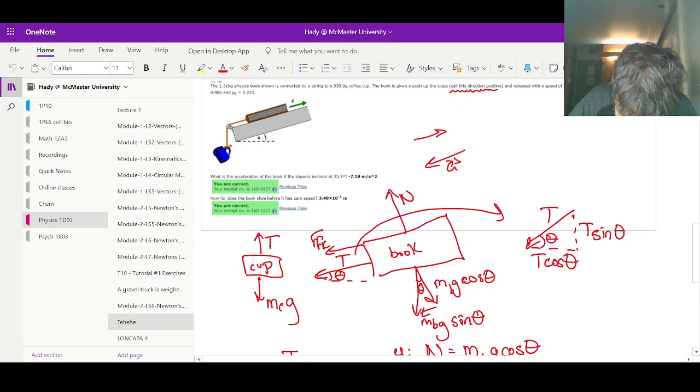We have F of kinetic friction, we have the tension, and we have the component of gravity that's going down the slope.